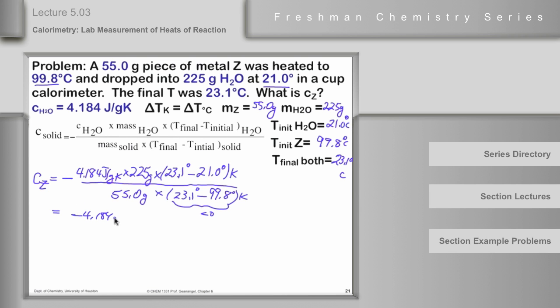The two minus signs will cancel, and C sub Z I calculated to be positive 0.469 joules per gram Kelvin.